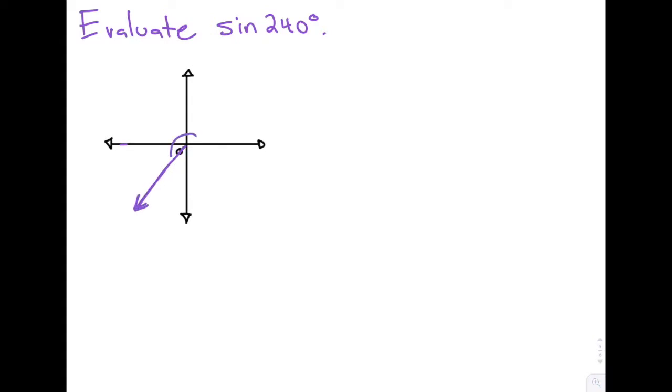That's 240 degrees. That's theta. Then this would be our theta bar, since that's the smallest angle between the terminal side and the x-axis. So theta bar is 240 degrees minus 180 degrees, which equals 60 degrees.